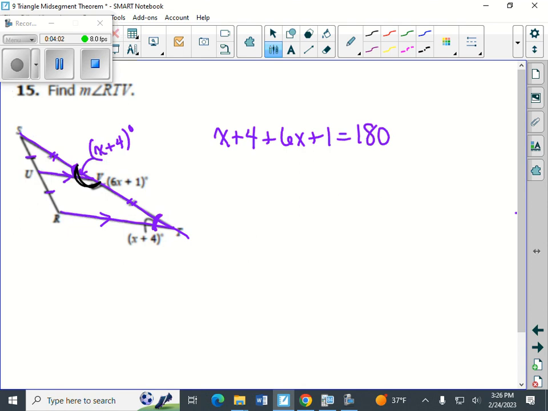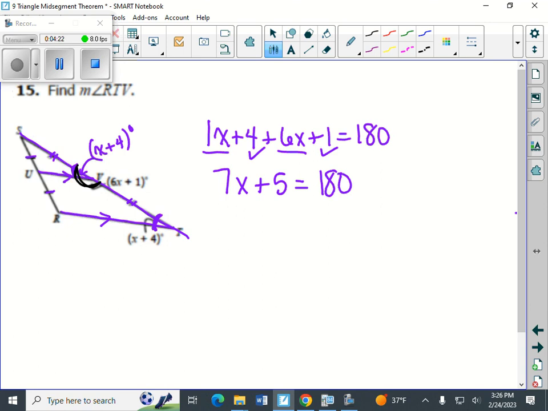We need to figure out what x is so that we can find the measure of angle RTB. Just a reminder that this is 1x, so when we combine like terms, we get 7x. 4 plus 1 is 5, and over here is 180.